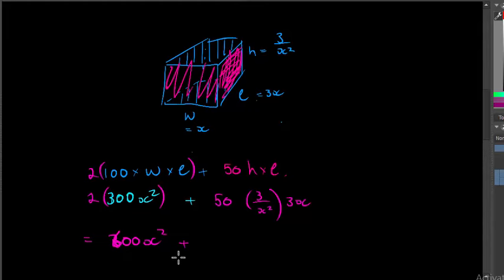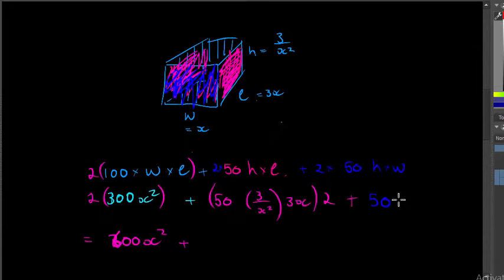So this is 600x squared, and then this one, okay, there's 2 of these. Shucks, that's quite embarrassing. I completely missed this. There's 2 of these guys, so they must also be doubled. This side is the height and the width, so that's also 50 Rand, but this time it's 2 times 50 Rand times the height times the width, and the height is still 3 over x squared, but the width is just x.